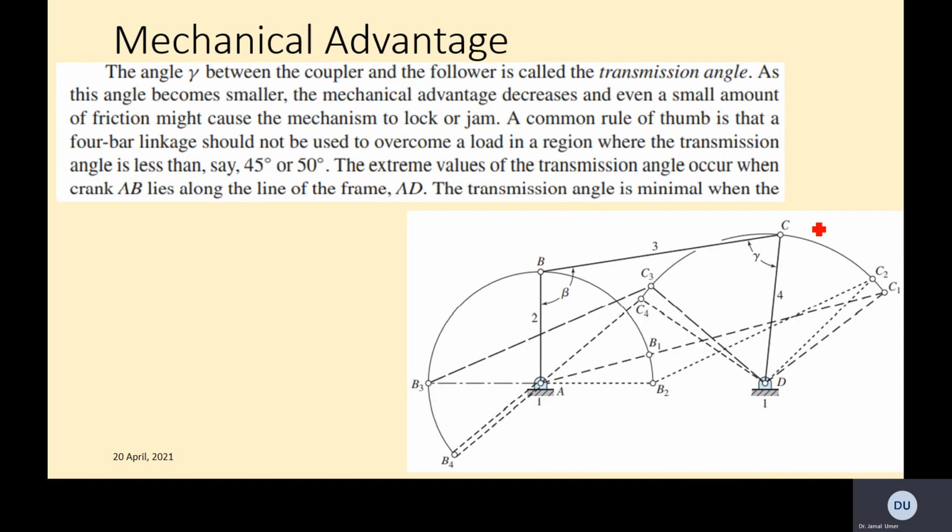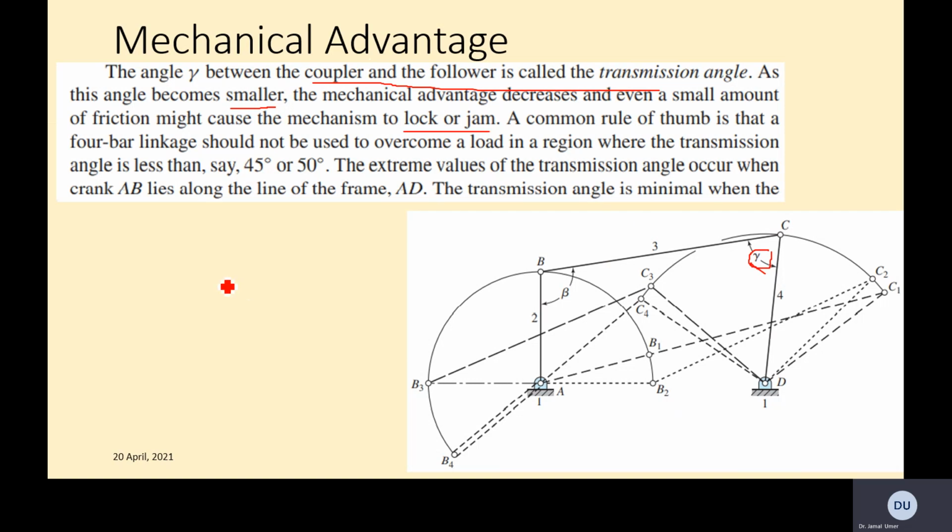Right, so now we are explaining the angle gamma. The angle gamma between the coupler and the follower is called the transmission angle. As this angle becomes smaller, the mechanical advantage decreases, and even a small amount of friction might cause the mechanism to lock or jam.